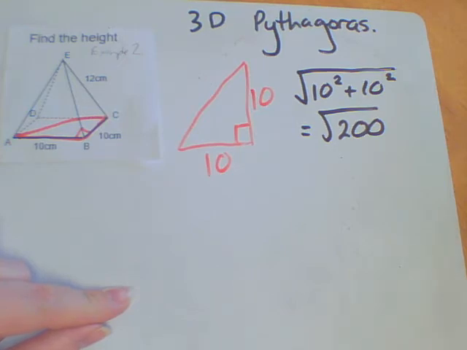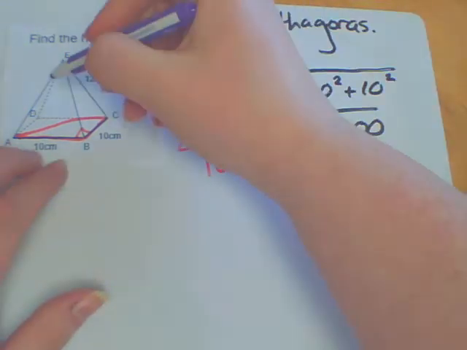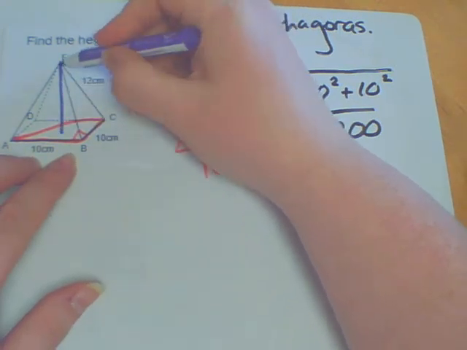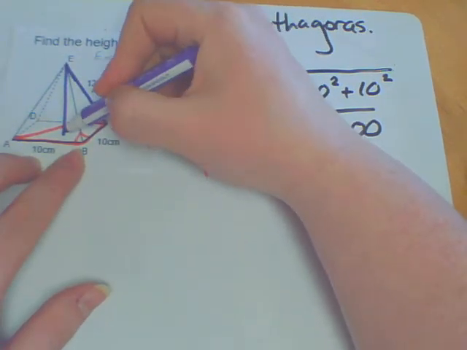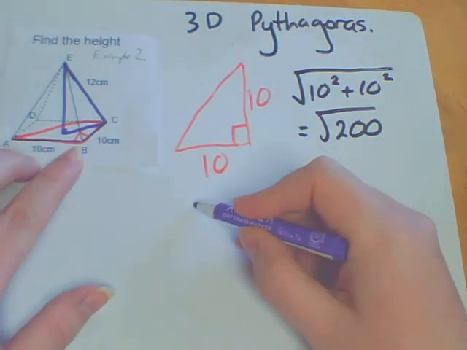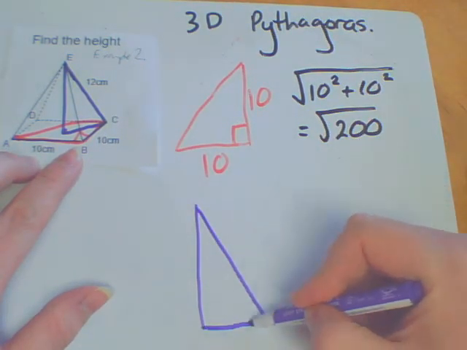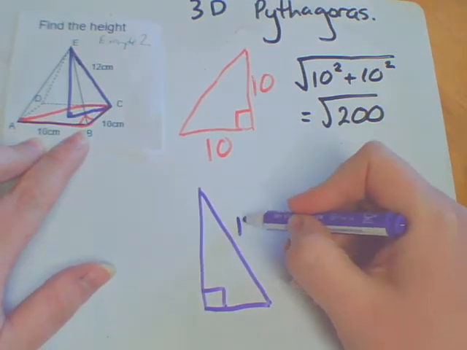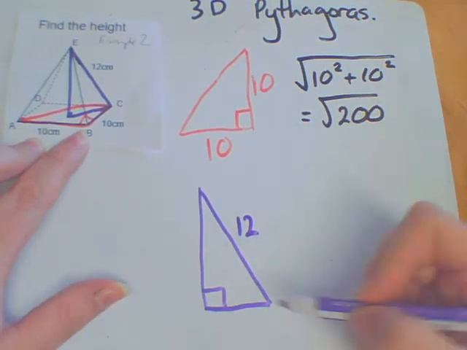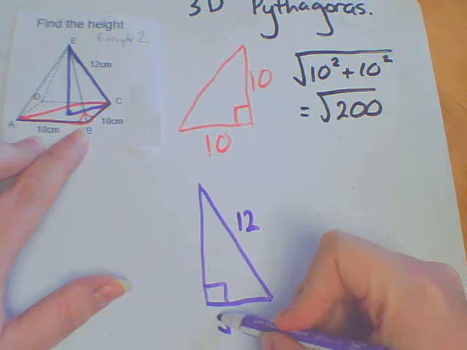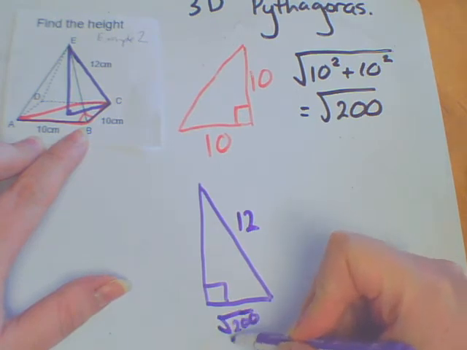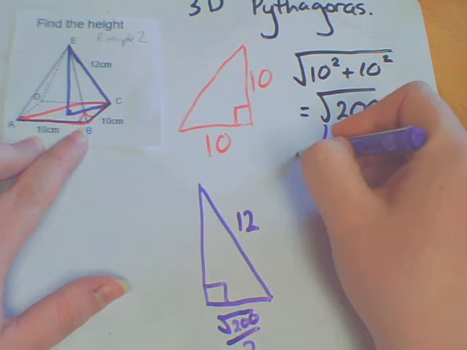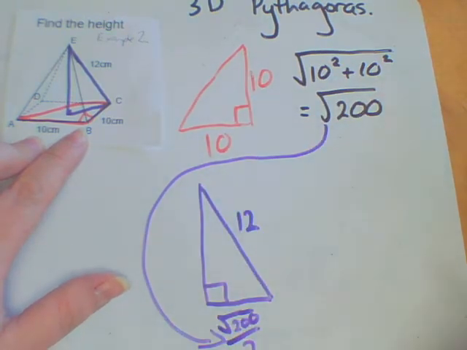Now I'm going to think about my second triangle. So I have my upright triangle here. Label it up with the sides that you've just got. So did you get that the hypotenuse is 12, and this length down here is the square root of 200 divided by 2. That value, remember, comes all the way down there.